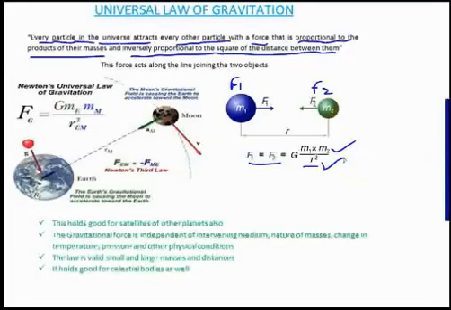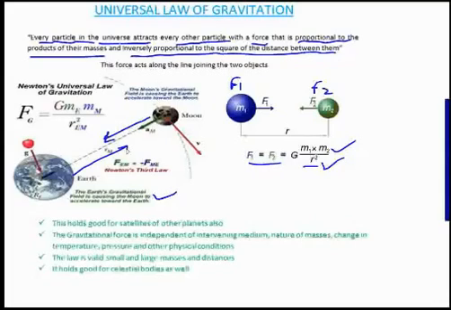Now in this case, the moon is rotating around the earth, and we can see that the earth's gravitational field is causing the moon to accelerate or to move towards the earth, whereas the moon's gravitational field is causing the earth to move towards the moon.